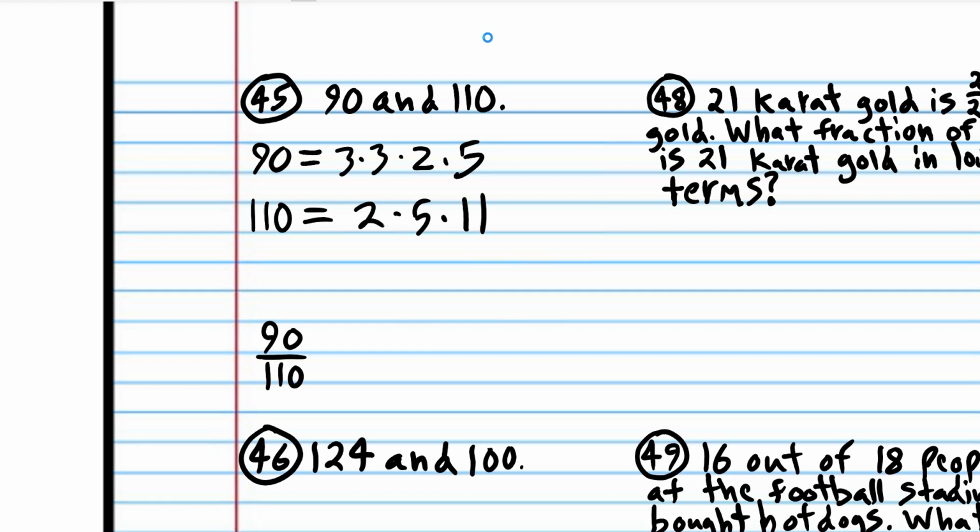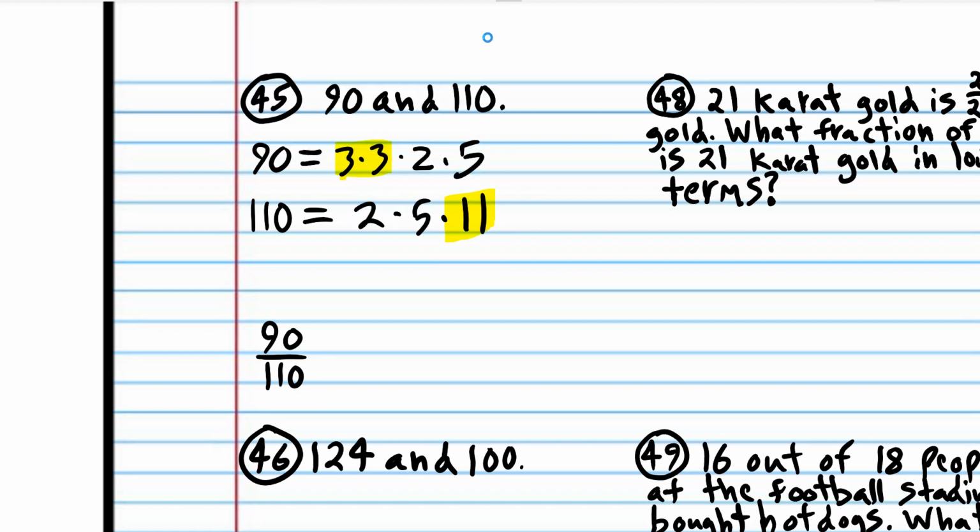Yeah. So now the greatest common factor: there are no 3's down here, and there are no 11's up here, so we can't use 3's or 11's. So I'll just mark those. We can't use any of those. But we have one 2 and one 5 up here, and we have one 2 and one 5 down there.